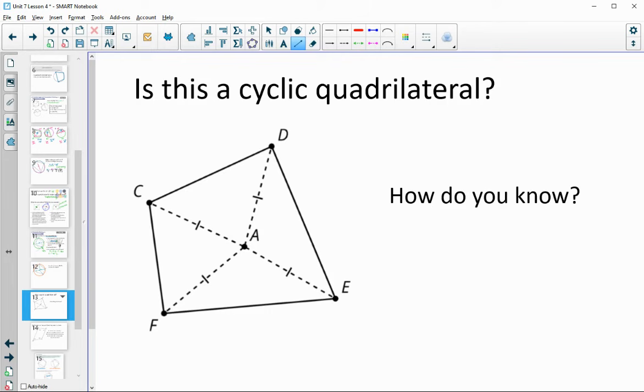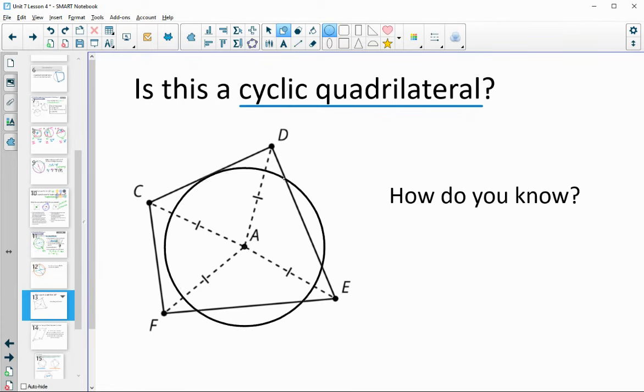So looking at this quadrilateral, is it a cyclic quadrilateral is what we're trying to decide. Remember, cyclic means that we can draw a circle around it, hitting each vertex. So if you have a point that's the same distance away from these 4 points, there has to be a circle that would cross there because all of these would be radii of your circle.